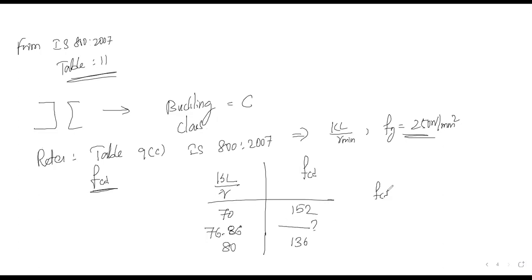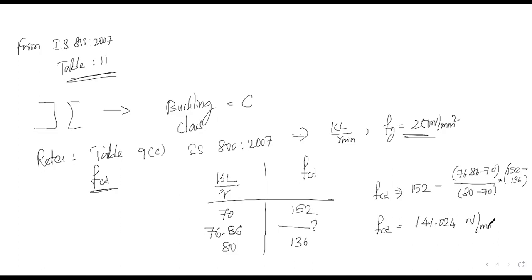So FCD is equal to, by doing interpolation, 152 minus (76.86 minus 70) divided by (80 minus 70) into (152 minus 136). If I do this, I get the FCD value as 141.024 Newton per mm squared.